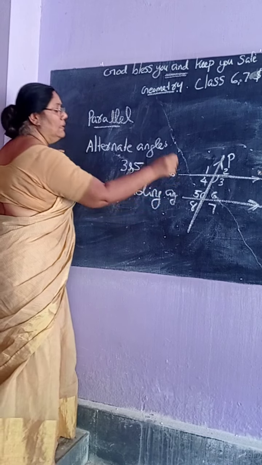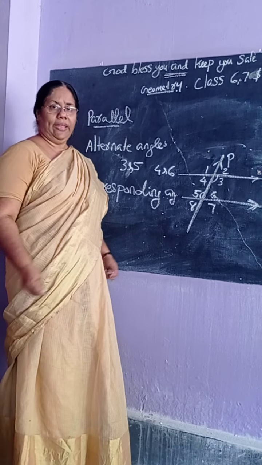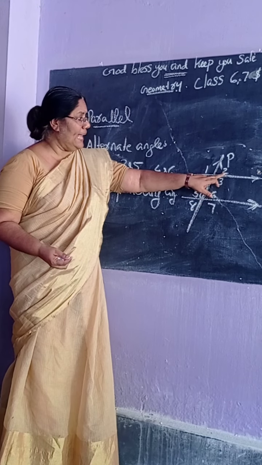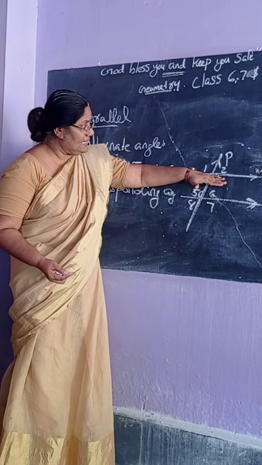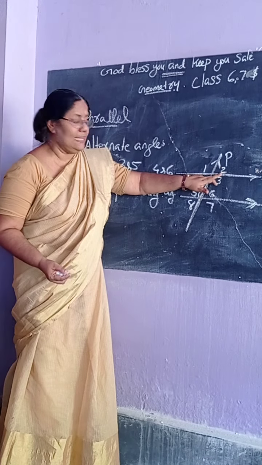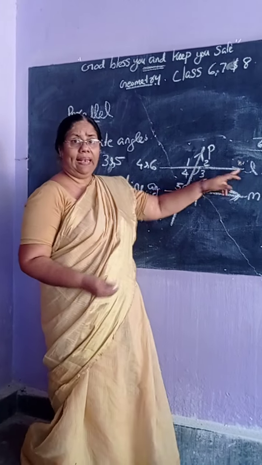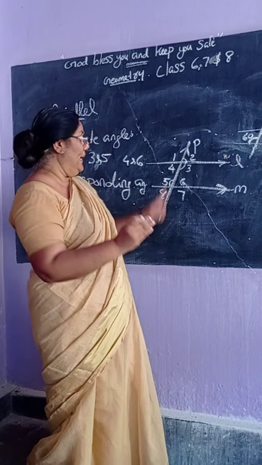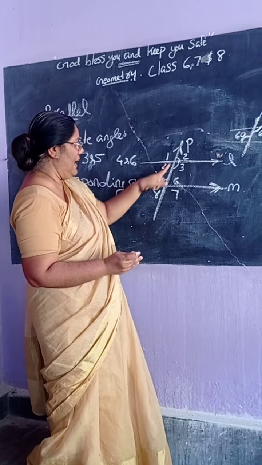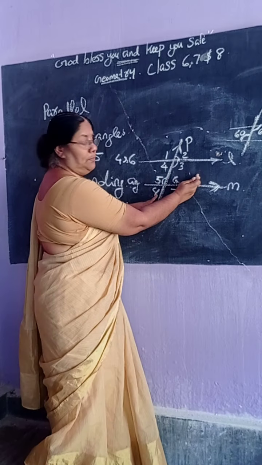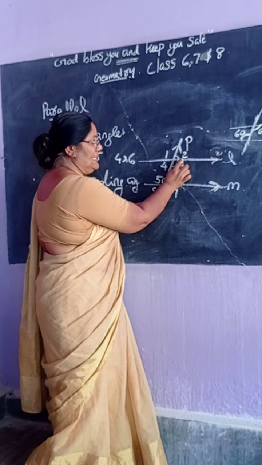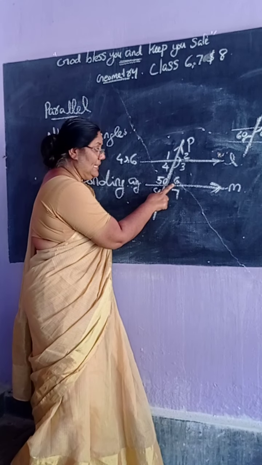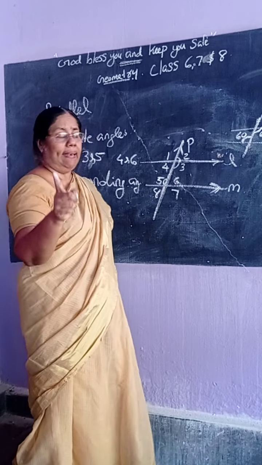Corresponding angles. Look here. Very important. This 2 is an angle just above the parallel line, isn't it? Here L is the first parallel line. The angle 2 is just above it. On this side, taking this as the transversal, in this right-hand part, 2 is just above the parallel line, and 6 is also just above the second parallel line.